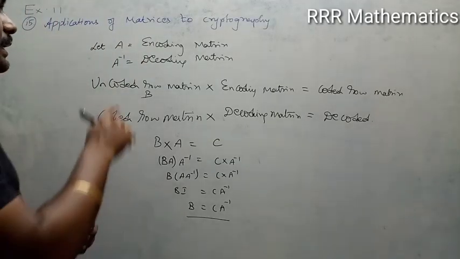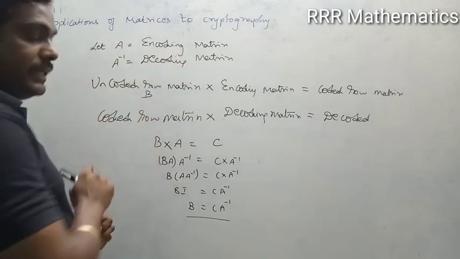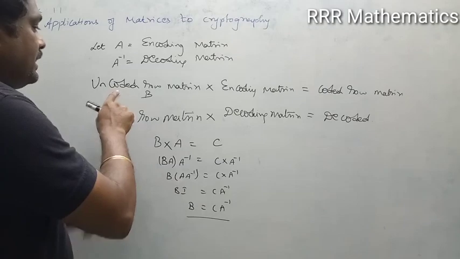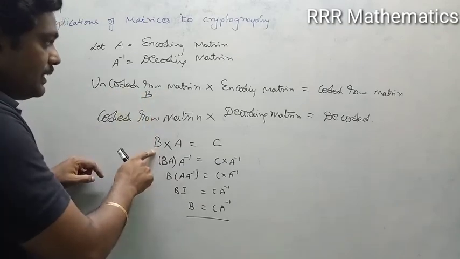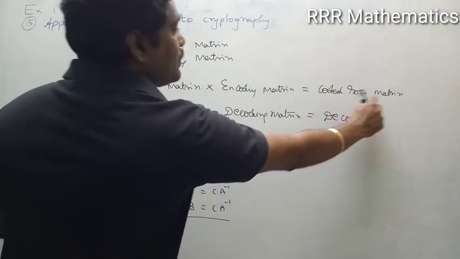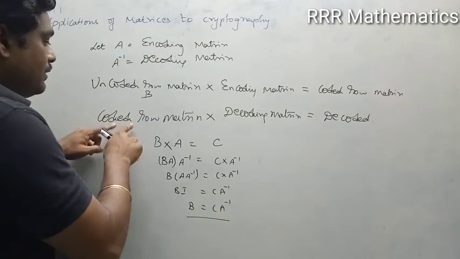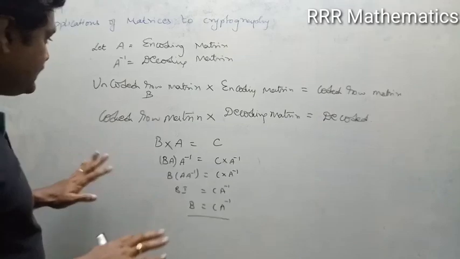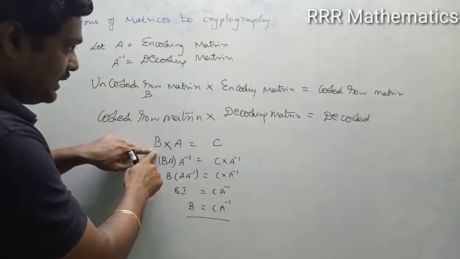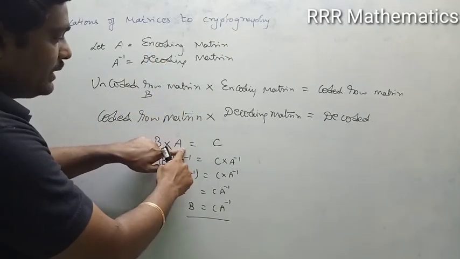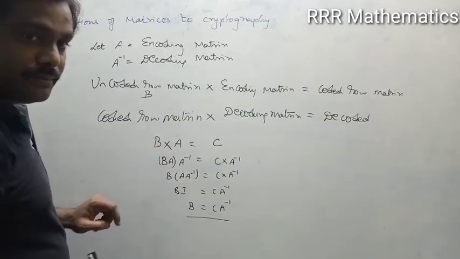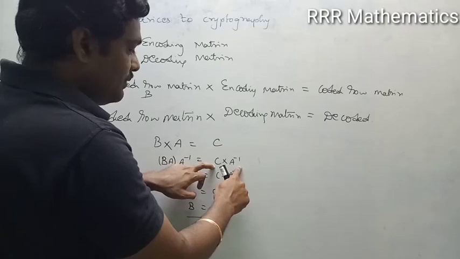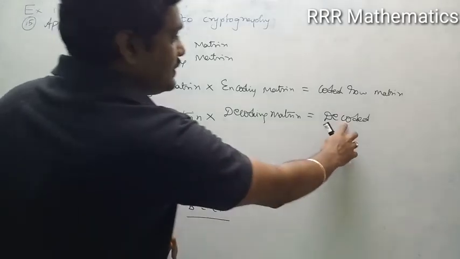I will explain. I am taking the encoding matrix as A and the decoding matrix as A inverse. If the uncoded row matrix is given, when you multiply with the encoding matrix, it gives the coded row matrix. Then the coded row matrix multiplied with the decoding matrix gives the decoded matrix. Here I take the uncoded matrix as B. Multiplying with the encoding matrix gives some coded row matrix C. Then I operate C with the decoding matrix A inverse, so that is C A inverse, which is decoded.